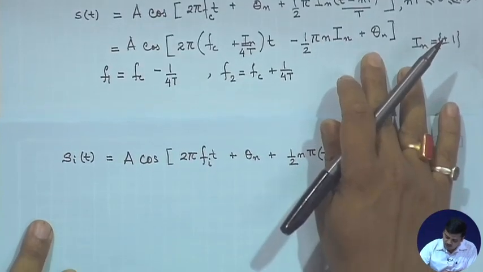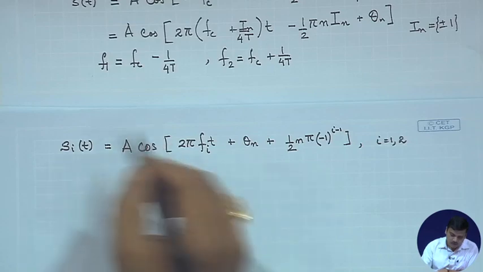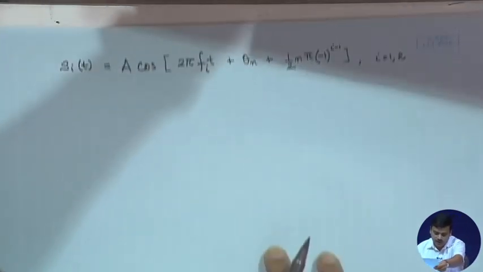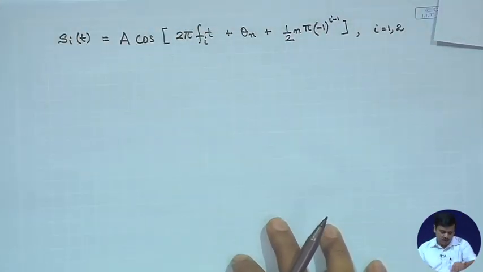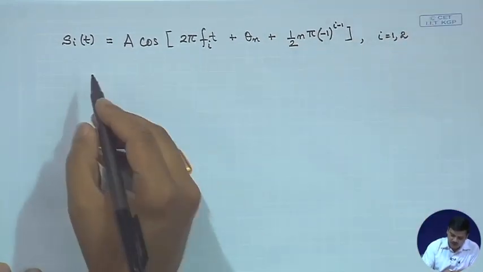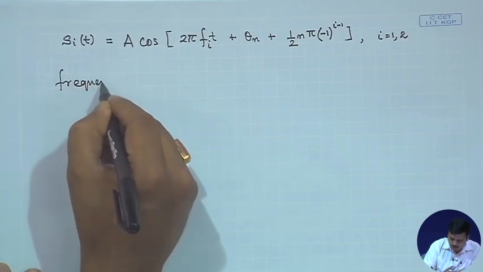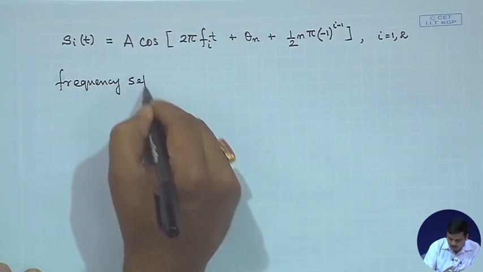So, moving further, what we have is we have these two frequency values and these two symbols that are with us, and then we could see an interesting feature of this is that the frequency separation.